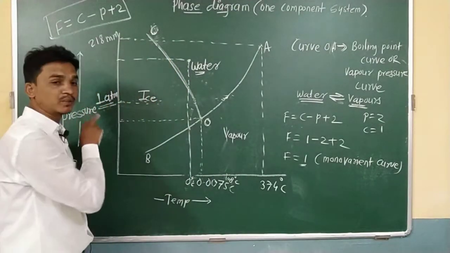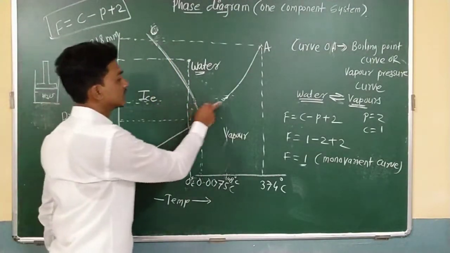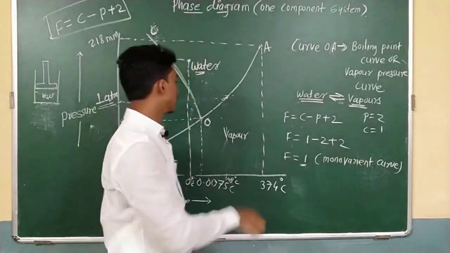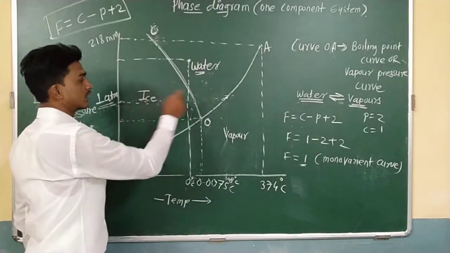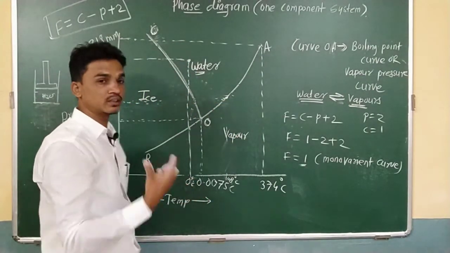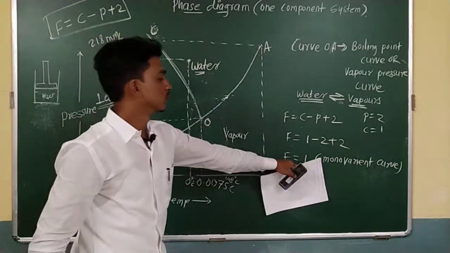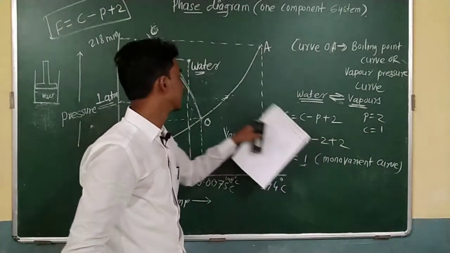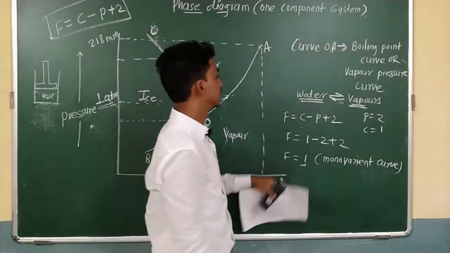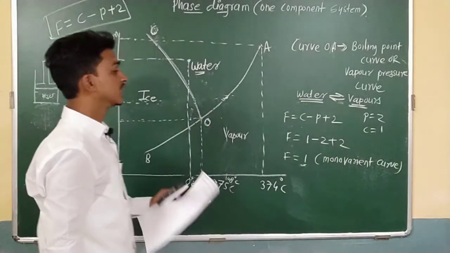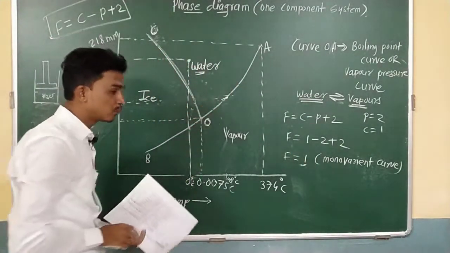The second variable is pressure; we are not changing it, we keep constant pressure and increase only one single variable, that is temperature. That's why this system, or this curve, is known as a monovariant curve.